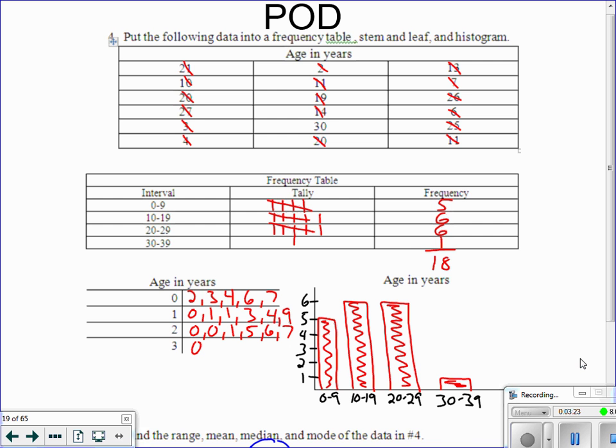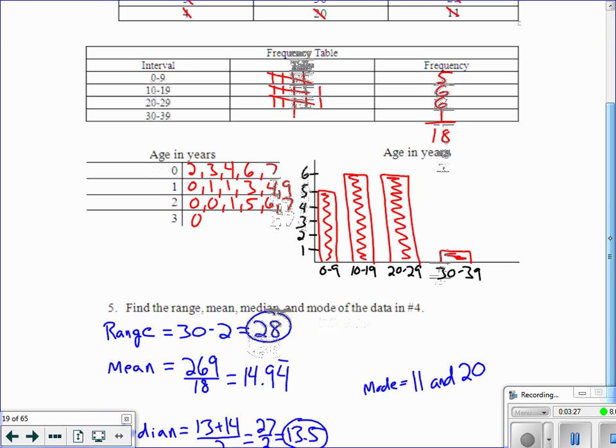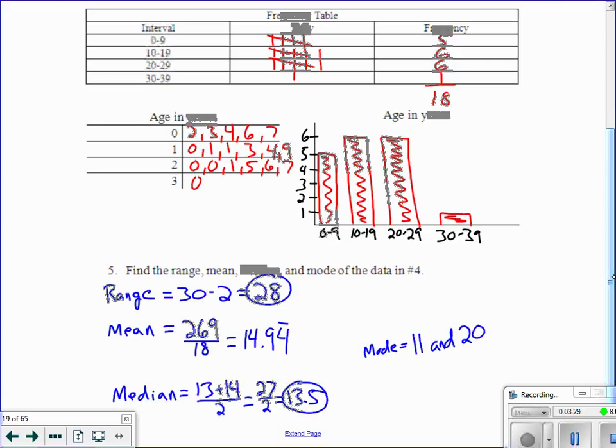Okay, then the other thing you had to do was get the range, the mean, the median, and the mode of the data. So now the range, you can very clearly see the largest number in the data is 30. You can see that on your stem and leaf, and the smallest number is 2. So 30 minus 2 is 28.